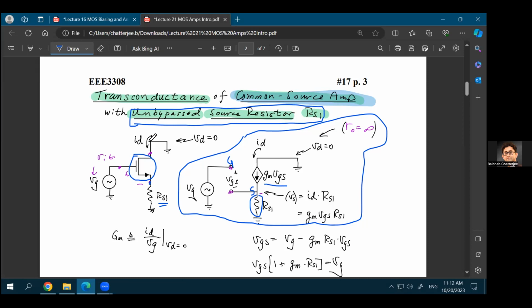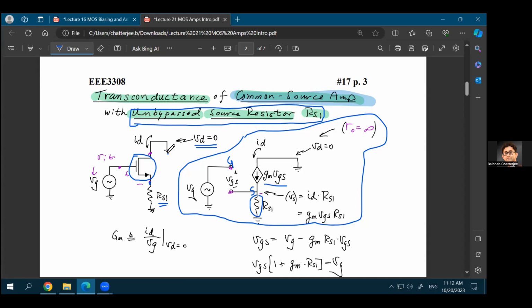And let's say you have connected this drain terminal to an AC ground. So this is written as VD equal to 0. But remember that this is an AC ground, which means that this could be your VDD. This is in fact your VDD, because if this point is ground and this point is also ground, can there be any current flow from ground to ground? No, right? So this point is in fact a VDD, which is an AC ground. Why do we call VDD an AC ground? That's because VDD does not have any AC fluctuation.